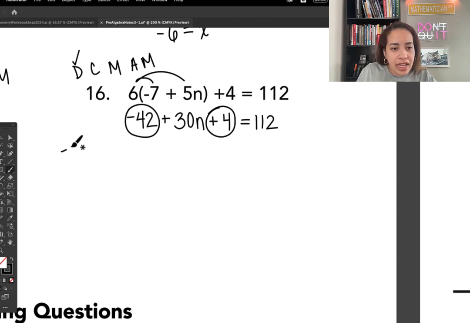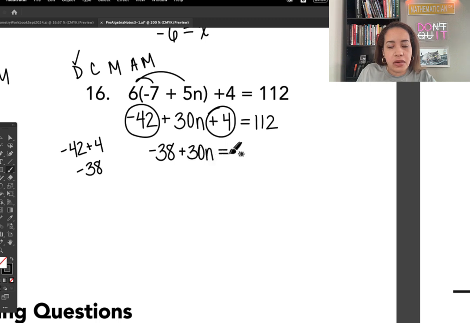So I'm thinking about negative 42 plus 4, and they have different signs, so I'm going to subtract the numbers. 42 minus 4 gives us 38, and our higher absolute value is negative, so we do get a negative 38. So now I'm going to write negative 38 plus 30n equals 112. We have 2 steps left.